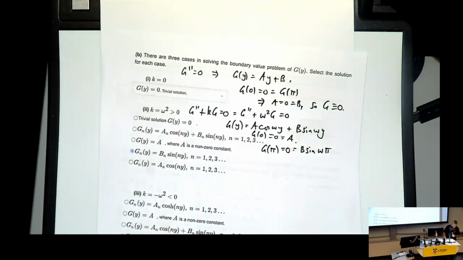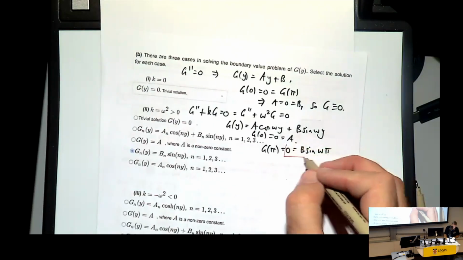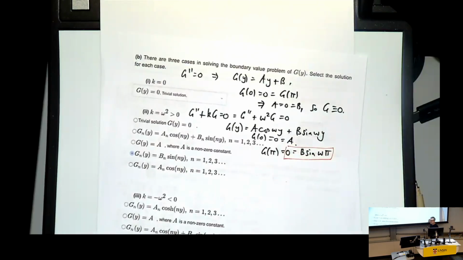And this is where the action happens. Right? We don't want B to be 0 because that's not very interesting. So when is sine omega pi 0? It's 0 when omega pi equals pi, 2 pi, 3 pi, 4 pi, etc. Okay? So it's starting to get a little bit heated now.